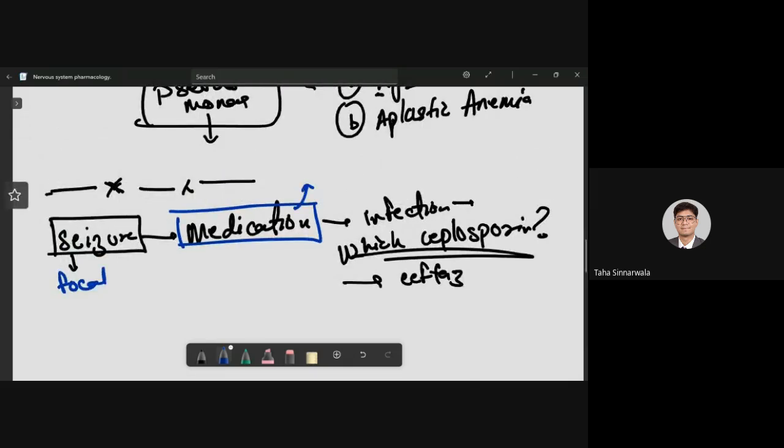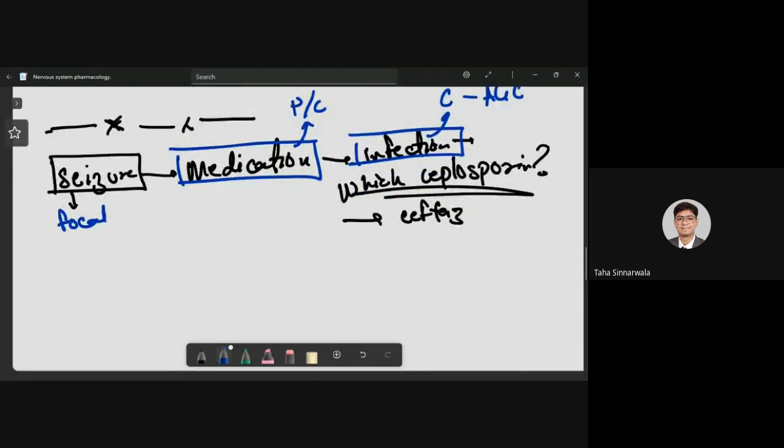Now, simply based on focal seizures, we can say that this might be phenytoin or carbamazepine. Because they've given us infection, now you're leaning more towards carbamazepine. Why? Because of agranulocytosis. And based on agranulocytosis, we said that patients might develop a pseudomonal infection. And based on this pseudomonal infection, the cephalosporin that we should give is ceftazidime. Obviously, you can give other cephalosporins, but ceftazidime is what the USMLE is looking for.